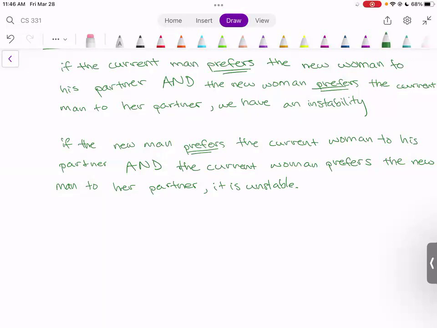So now, okay, it's a very simple code when you just understand what every current man, new woman refers to.